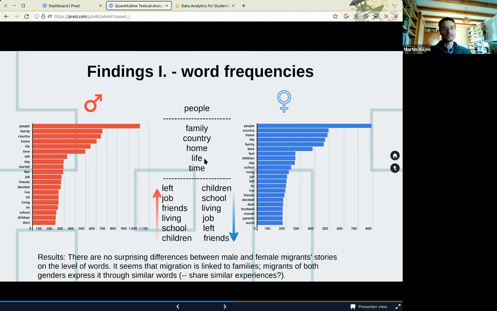So the question is whether the similarity in stories on the level of word frequencies also reflects similarity in experience. We don't know from this analysis. We cannot judge it.